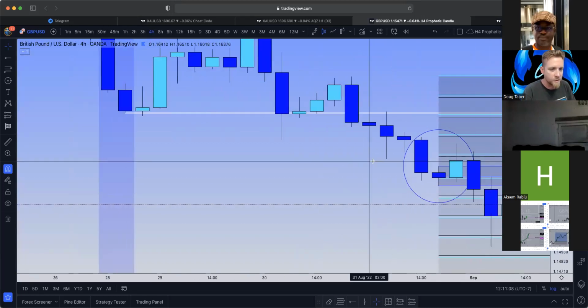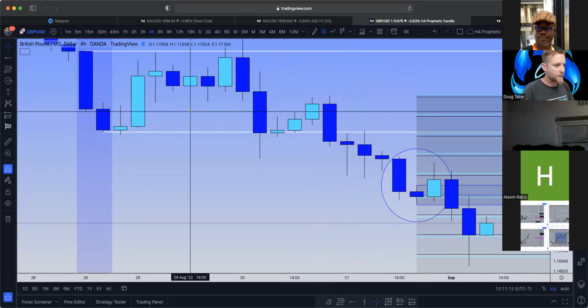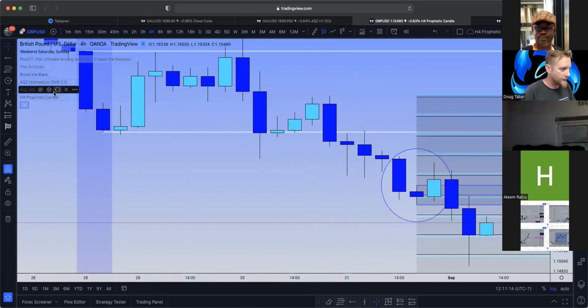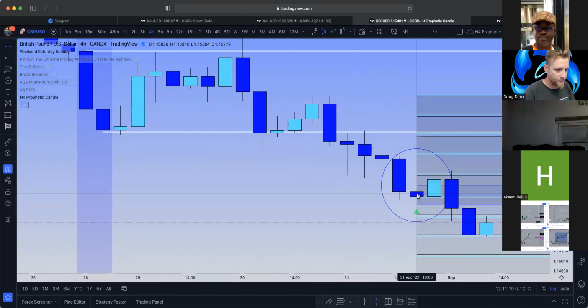So that was GU's H4 prophetic candle this week. It should be pointing at that very candle there.